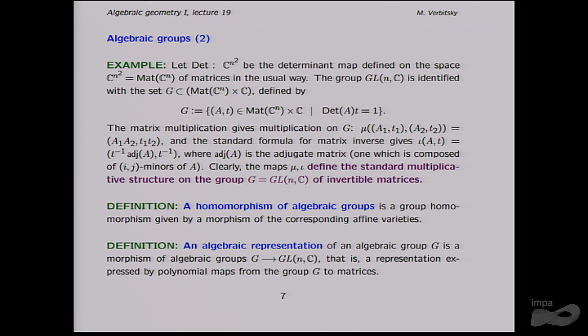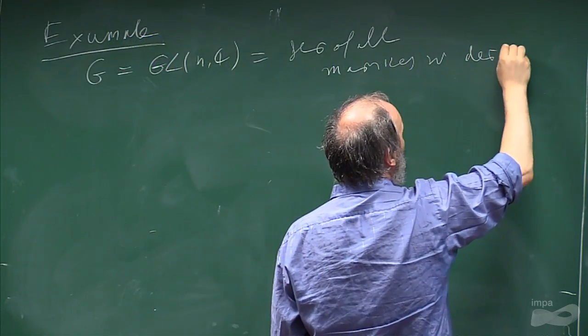So what I'm giving to you now is the fundamental example, essentially the only example over C. Over number fields, it's probably not true. Anyway, you have G equal to GL n of C. This is the set of all matrices with non-zero determinant.